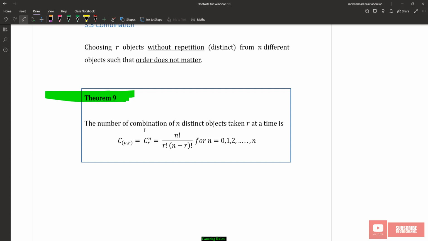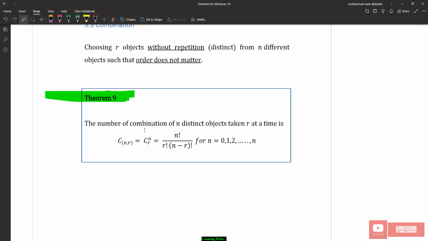Permutation is when we want to select R distinct objects from N distinct objects where the R objects should be in order. When R should be in order, then we use permutation.